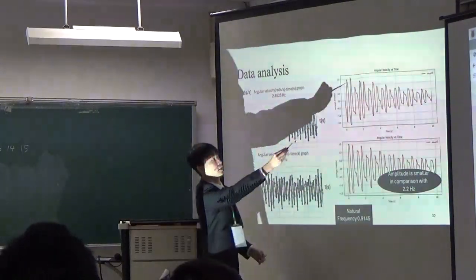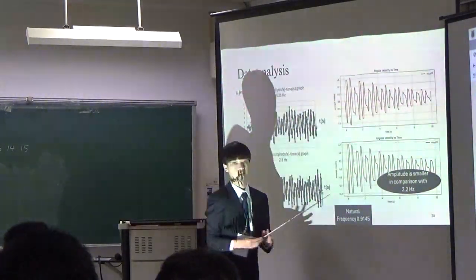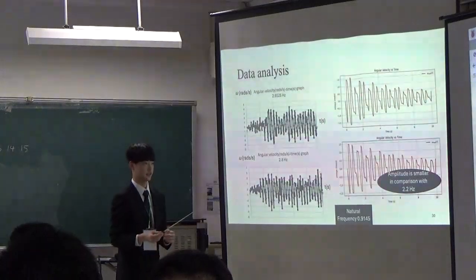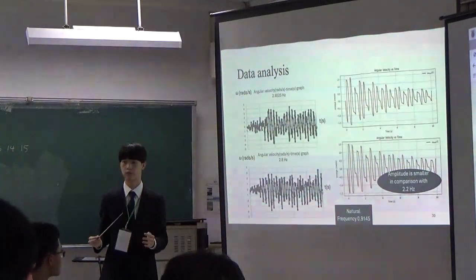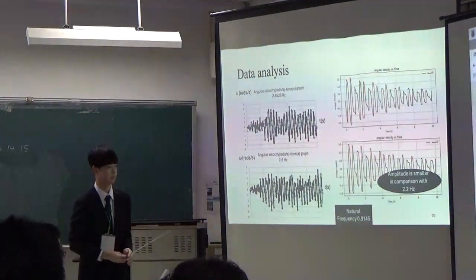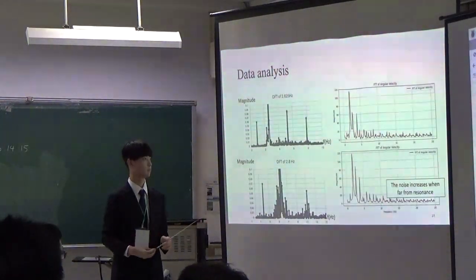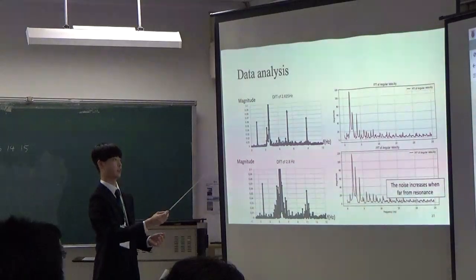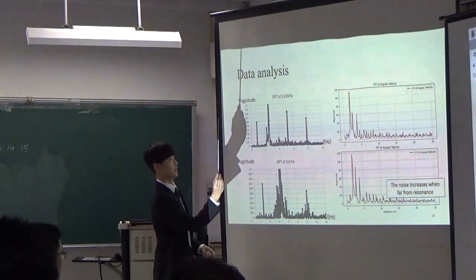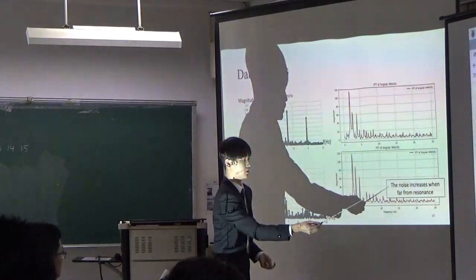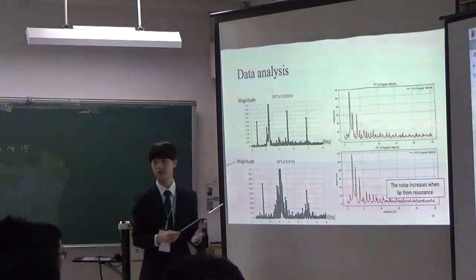We can see the angular velocity versus time is lower than the previous one, since it is far from 2 times the natural frequency which I have measured. We do a Fourier transform to see that both in the experiment and the numerical solution, the noise increases when far from resonance.